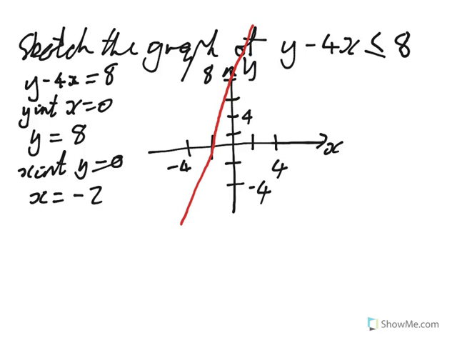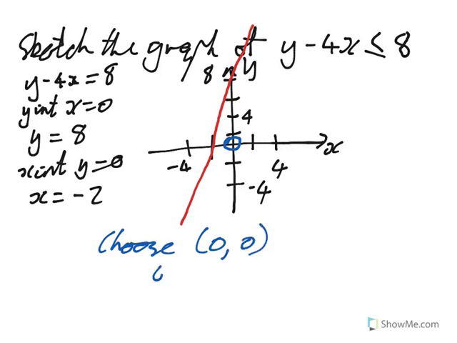Now we need to know which side of the line we're looking at. One of the ways we can do that is by substituting a point. If you can, the origin's a great point to choose, because if we choose 0, 0, it makes the calculations easier.